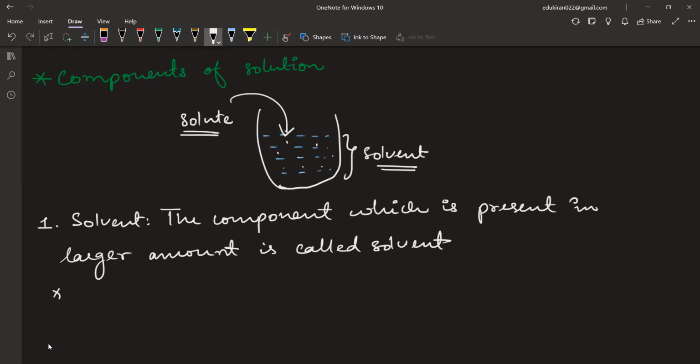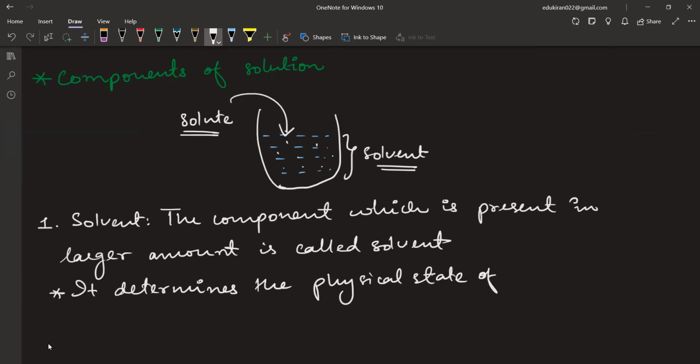Also, solvent determines the physical state of solution. That means whether the solution is going to be a gaseous solution or a solid solution or a liquid solution. It is determined by the solvent.